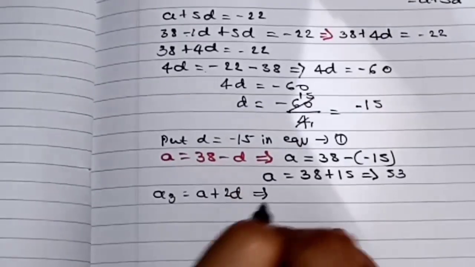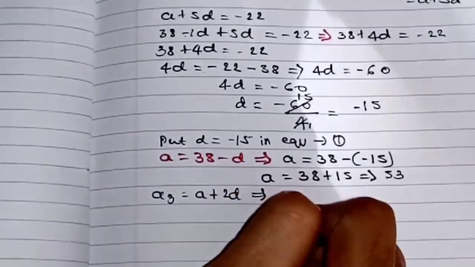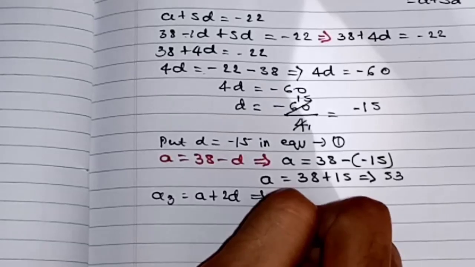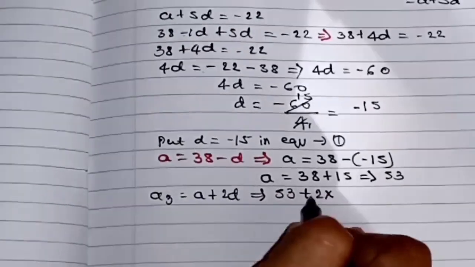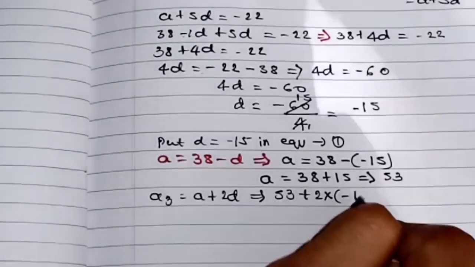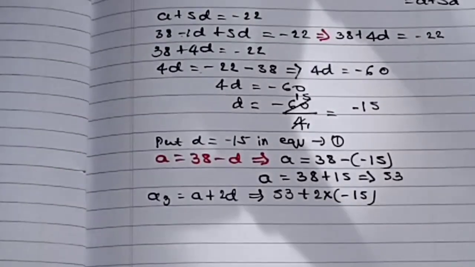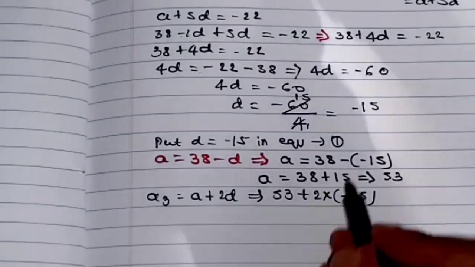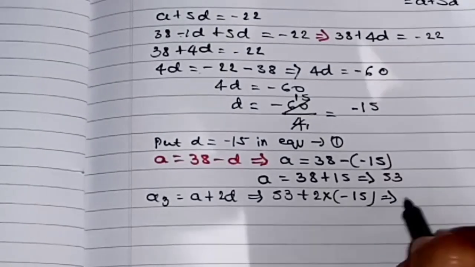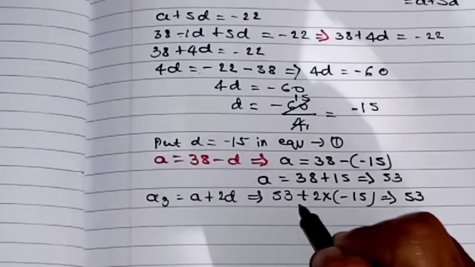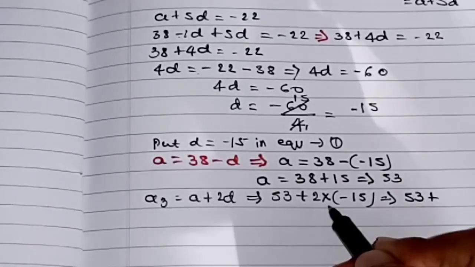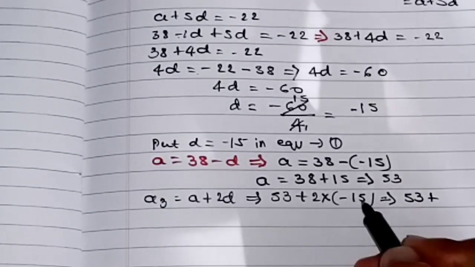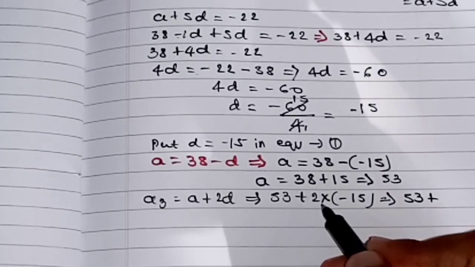That implies, okay, what is the value of a? a is 53 plus 2 into, what is the common difference? The common difference is minus 15. Okay, so that implies 53 plus, now wait, whenever you are multiplying, you need to multiply the numbers and also the symbols.